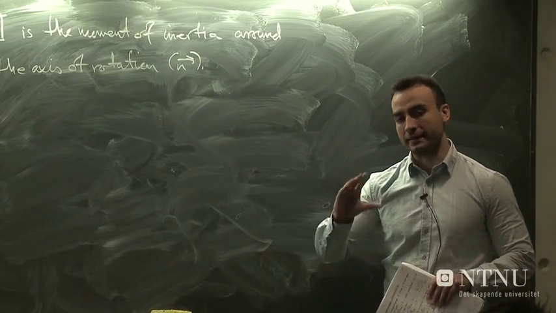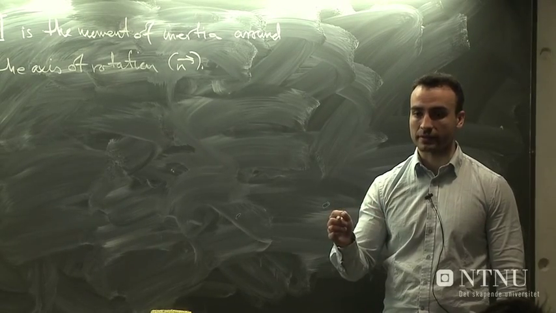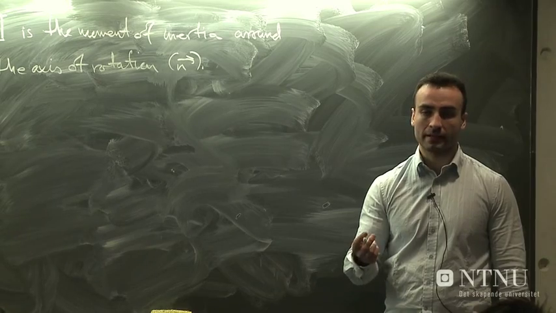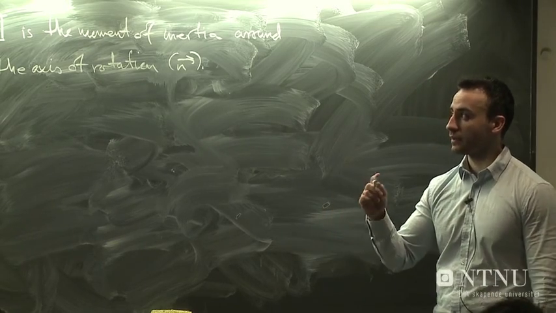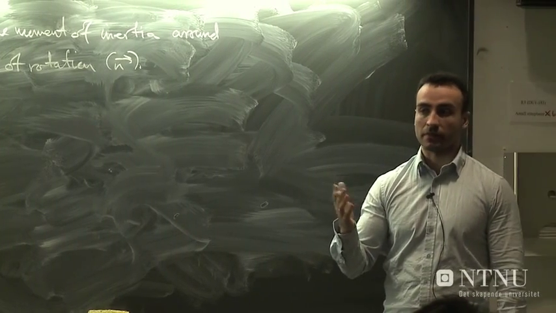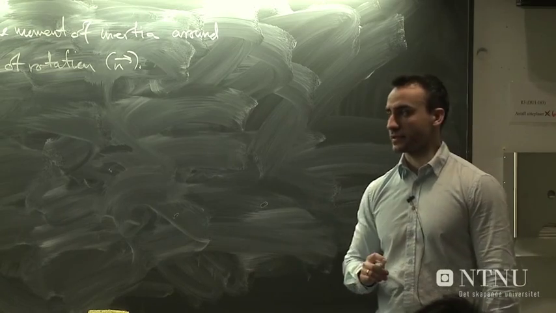So this means that a given rigid body will have different moments of inertia depending on the axis we are rotating it around. Some axes will have, for instance, smaller moments of inertia than others, depending on the symmetry of the body. And we'll have a look at this in just a little while.